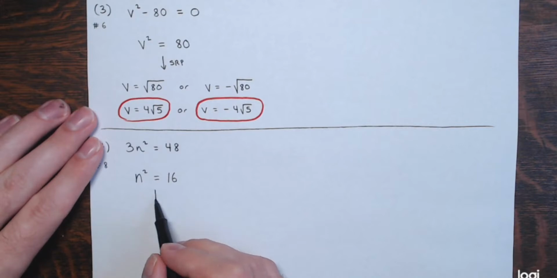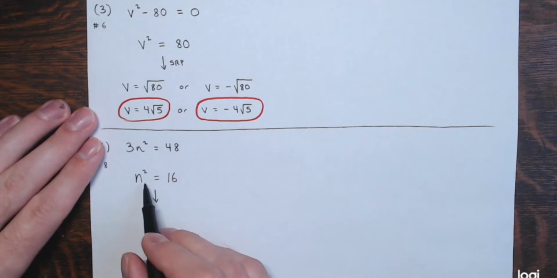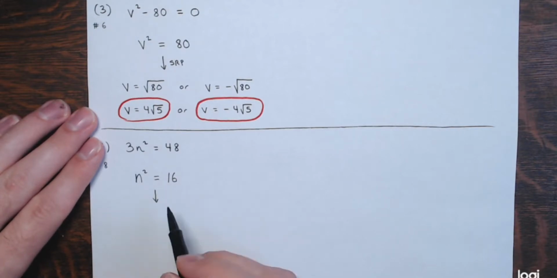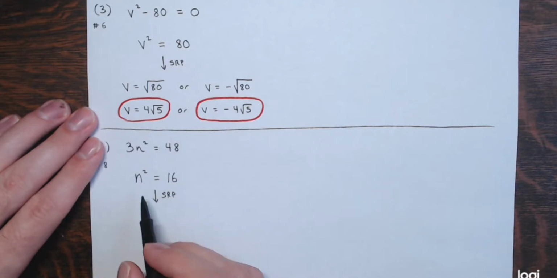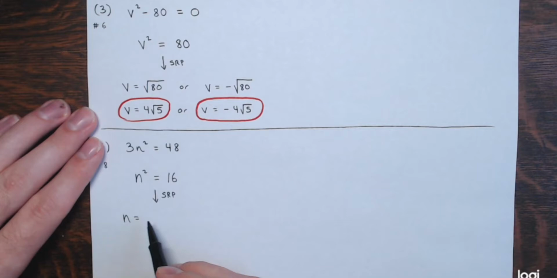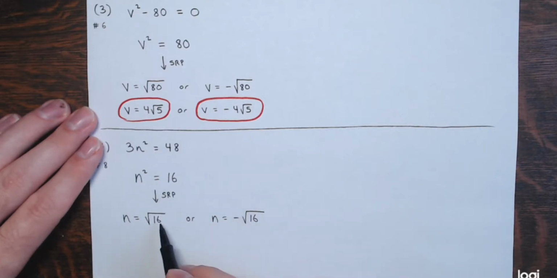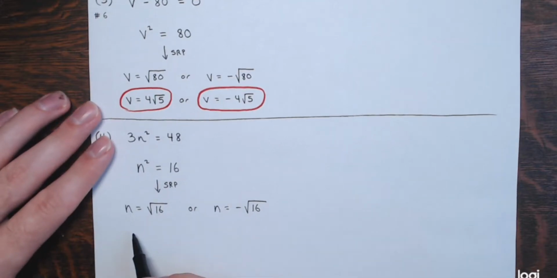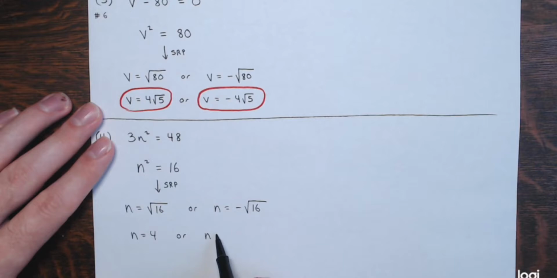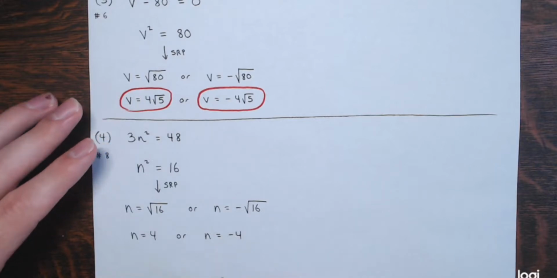And then now that I have the square isolated, I can apply the square root property. Again, SRP. So n is either positive square root of 16 or the negative square root of 16, which is just 4 and negative 4. So n equals positive 4 or n equals negative 4.